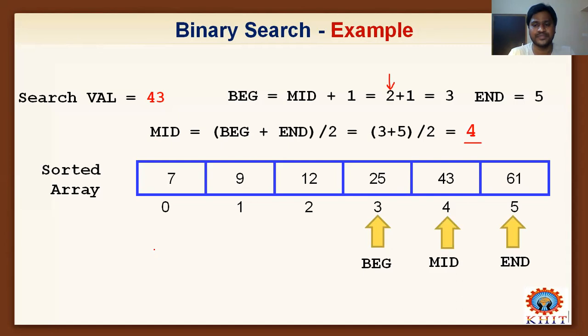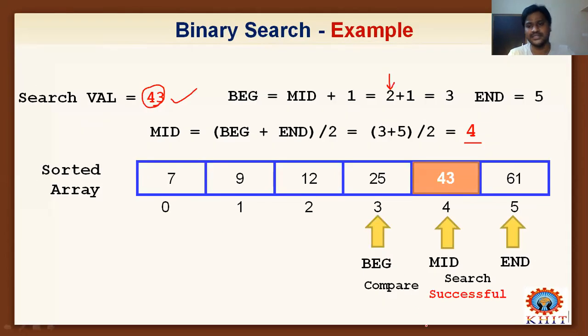Compare this 43 with this mid value, and here they are the same, and the search is successful. The element 43 is found in the given array elements.